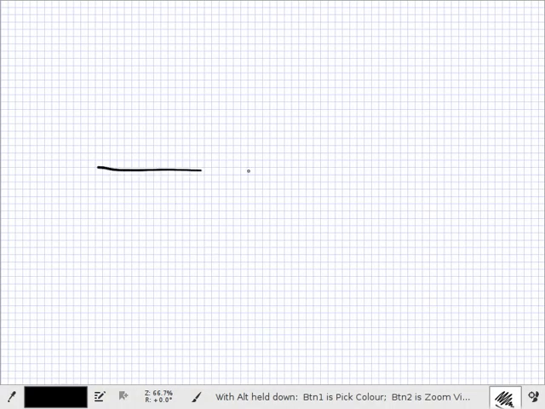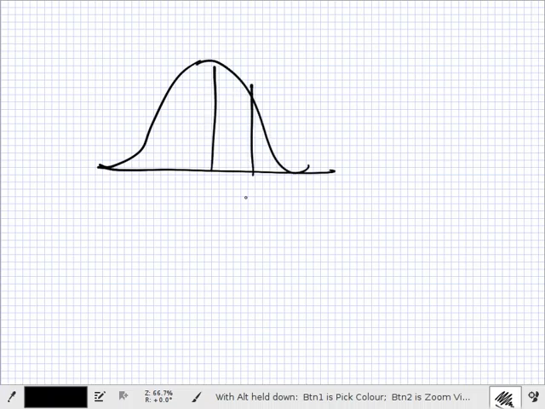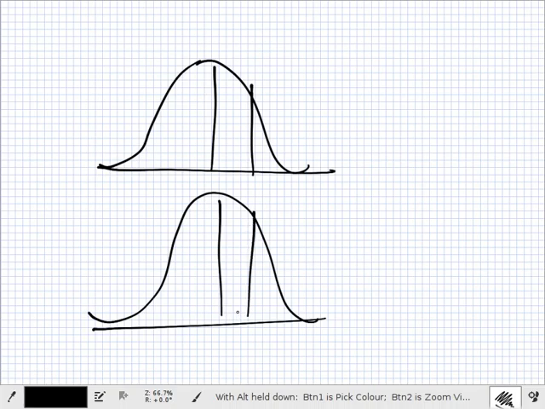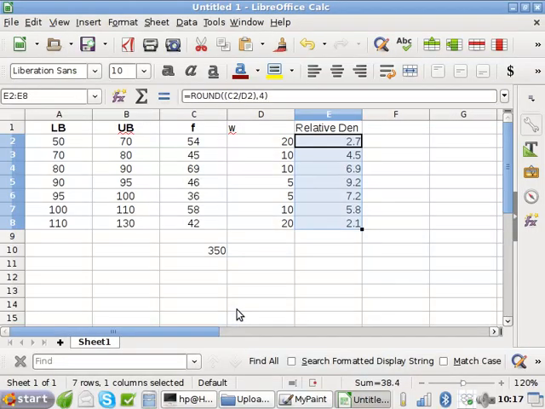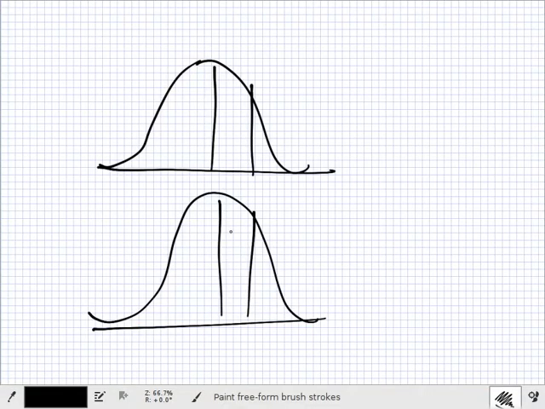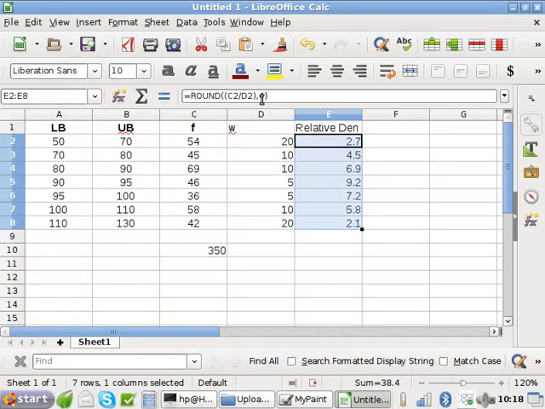Yeah, well, I mean, the difference is what the area represents. So, for example, if you do not divide by the 350, like here, what does the area represent? Do you know? Frequency. And then if you do divide by 350, you know, what's it called? Come on.